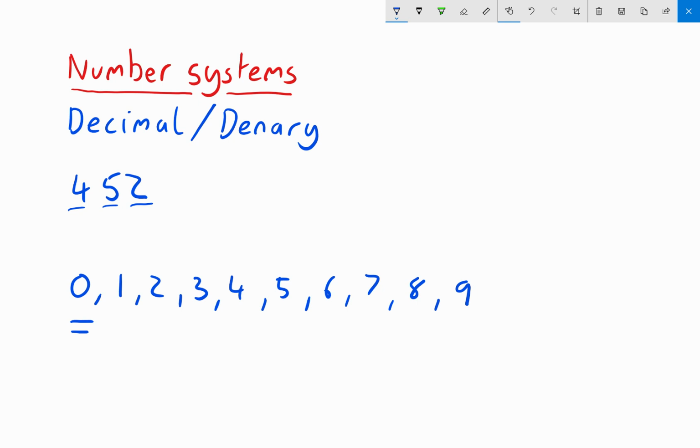But what is the number 452 and how does it get its value? When we count in denary, we count up from 0 to 1, 2, 3, 4, 5, 6, 7, 8, 9. What happens when we want to go one digit higher than 9? Well, there are no other digits. So we have no choice but to use a combination of the available digits to make higher numbers.